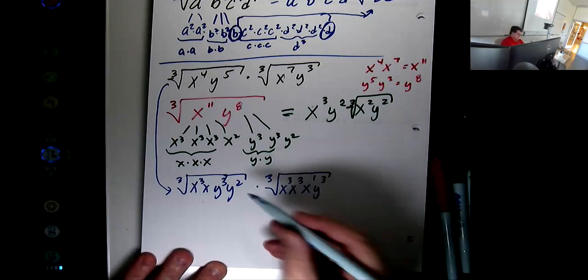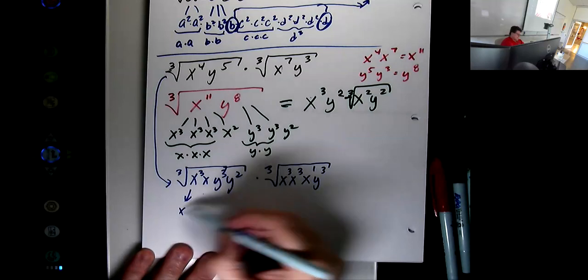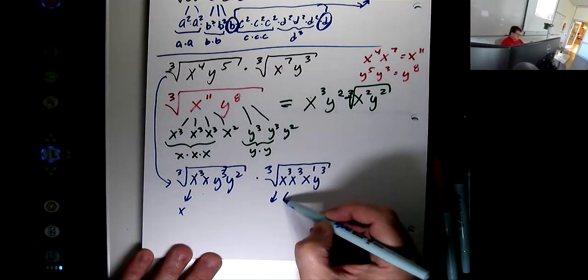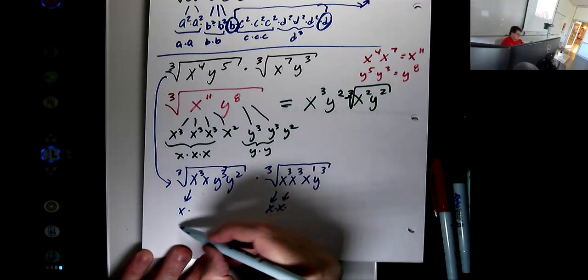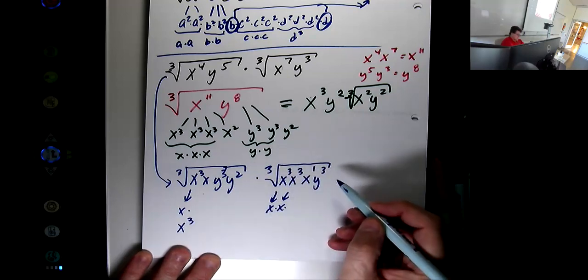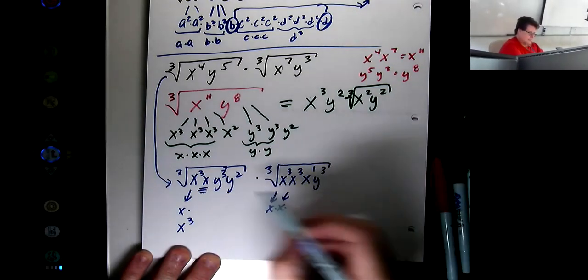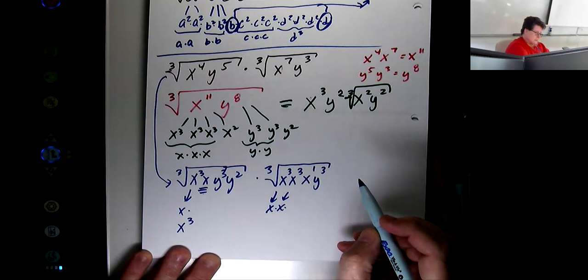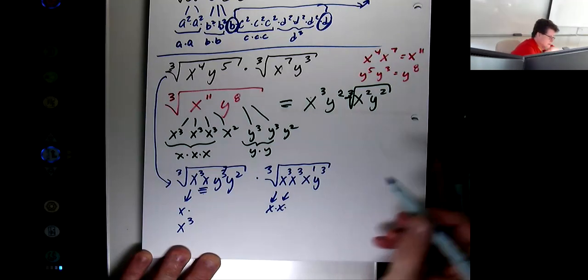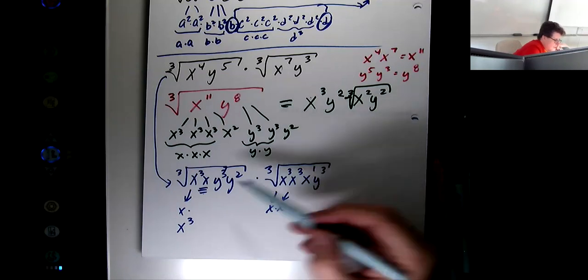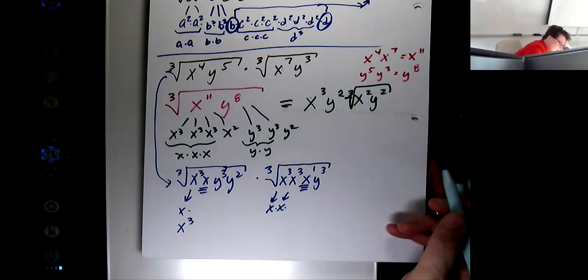And so if I did follow the same strategy here, that would have pulled out an X, and these two would have come out as X's. So I have X cubed, and then that leaves behind this one, and that's it for the X's. No, I'm missing an X. X to the fourth, and then over here, missing over here. And then we pull out the Y's.